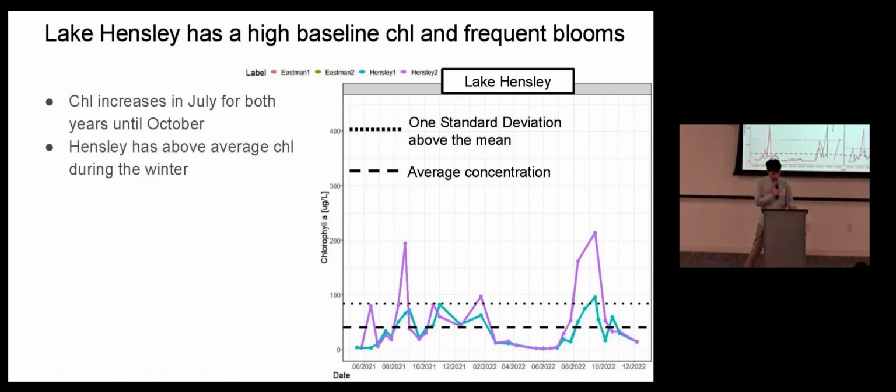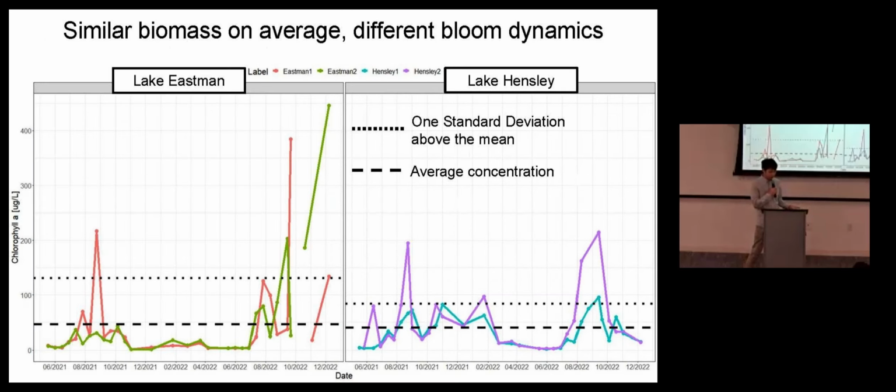Moving on to the different bloom dynamics, we can see more extreme chlorophyll concentrations, especially in the summer of 2022 in Lake Eastman, but this contrasts with the less extreme but more consistent high biomass seen in Lake Hensley. In Lake Hensley, most of the observations are above the chlorophyll mean, while Lake Eastman is usually below, except for its extreme values during the summer.